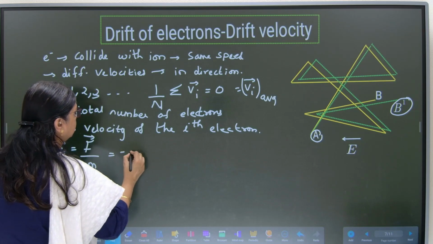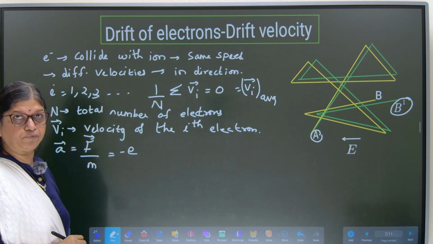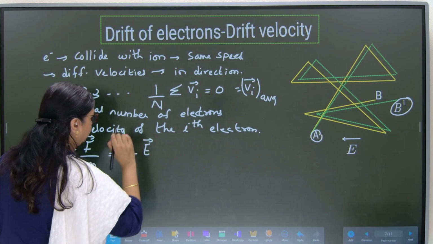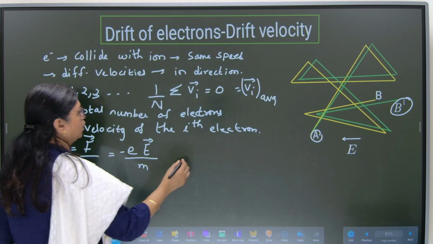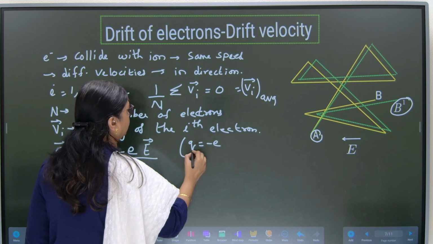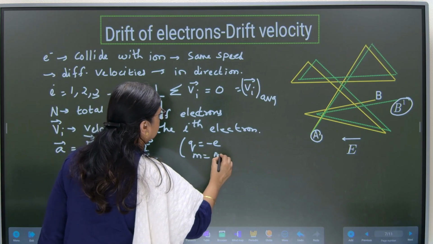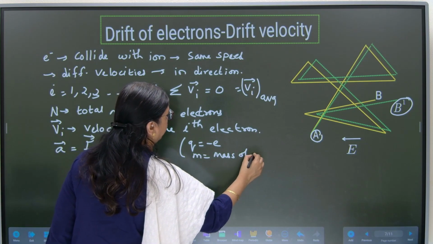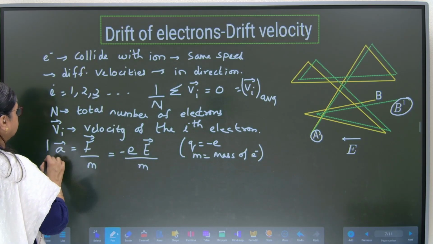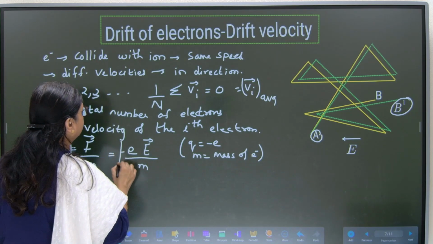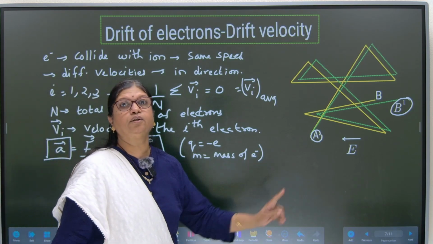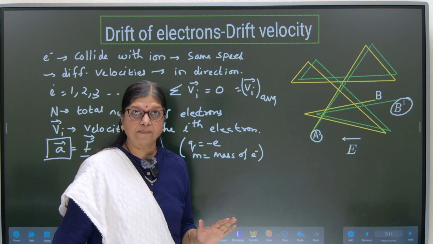Here the charge is that of an electron, which we write as negative e. Electric field E is given and m is the mass of the electron, where here we have substituted q equal to the charge on an electron and m equal to the mass of the electron. Fine. So this is the acceleration given to the electron in a conductor due to the electric field.